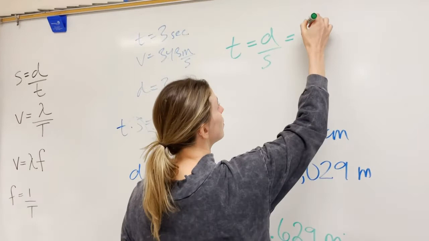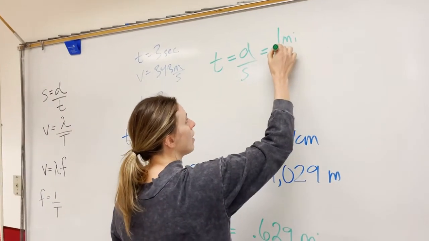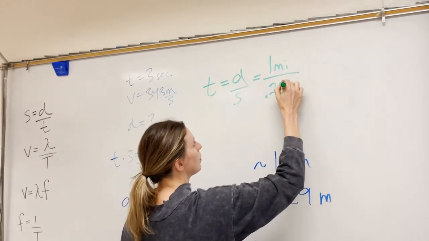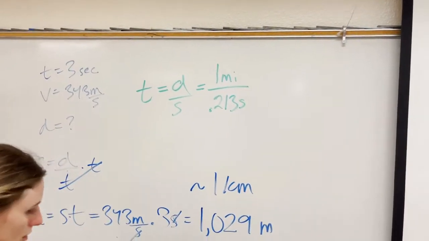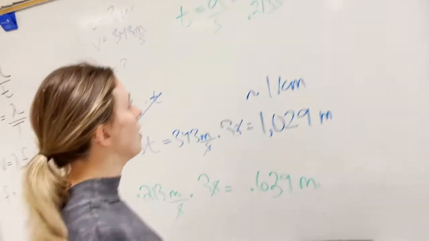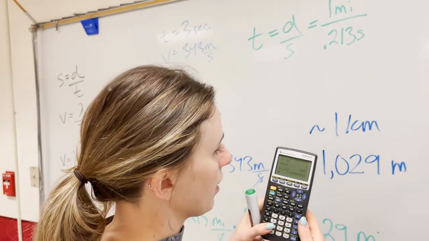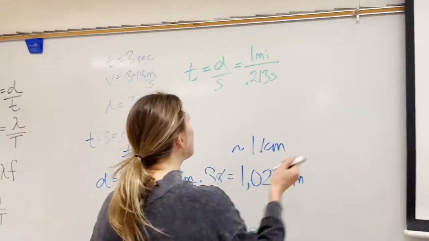For 1 mile, 0.213 miles per second. So 1 divided by 0.213, and I get 4.7. Let's call it 5. So about 5 seconds.